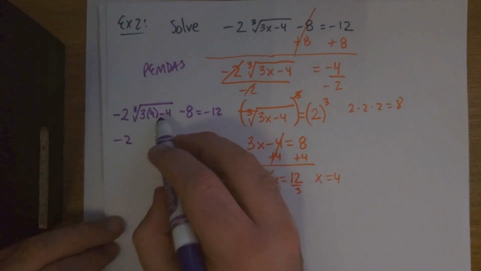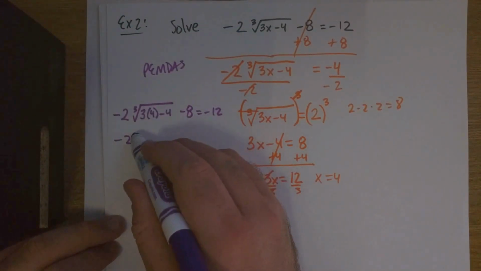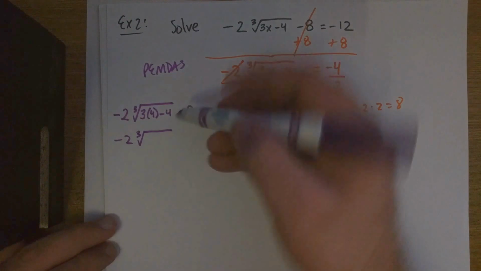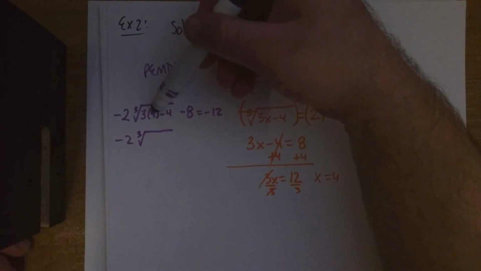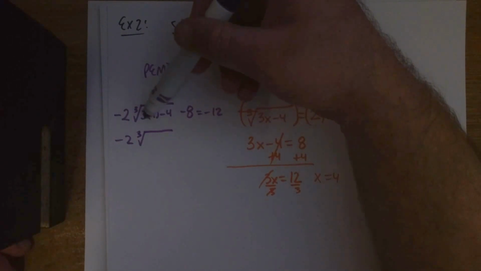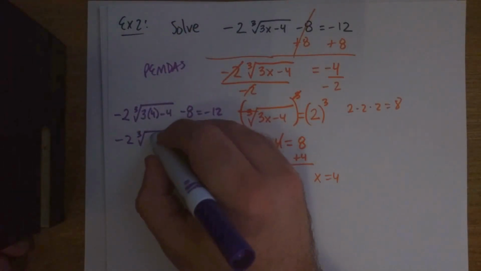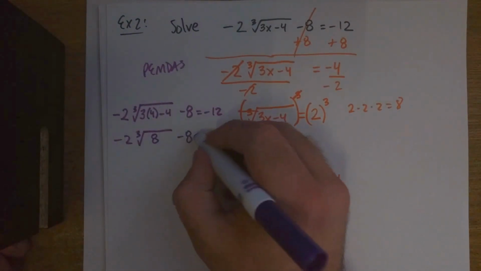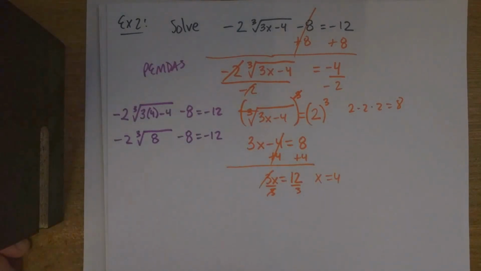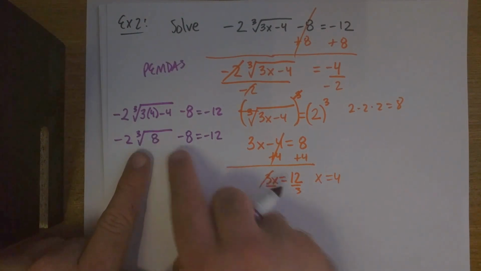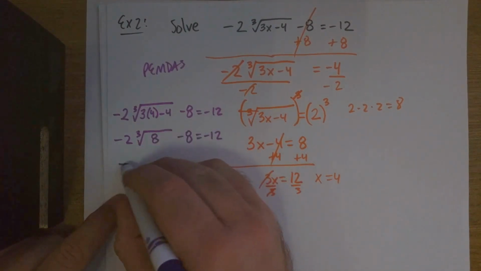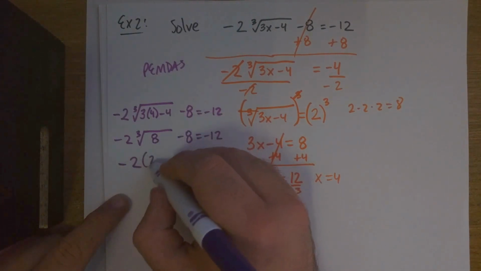So we treat this almost like parentheses. Let's see if we can do this mentally. Order of operations, I should do 3 times 4 first. 3 times 4 is 12. 12 minus 4 is 8. Can we take the cube root of 8? You can do this on your calculator, or if you know that 8 is a perfect cube, and it is, the cube root of 8 becomes 2.